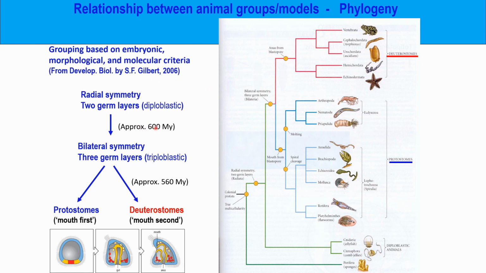And one of the important ones was radial symmetry, and I described this in the first lecture, where you have basically an organism which is kind of round and has no clearly visible left and right side, let's say. Typically these animals can be clustered by the number of germ layers, and these early radial symmetry animals had two germ layers, so they were diploblastic.